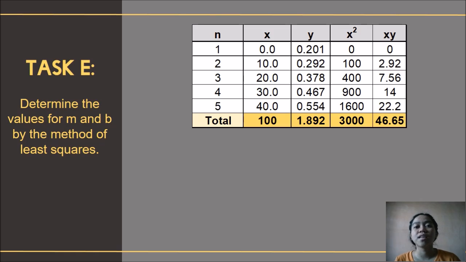So we need the x squared of that, and we need the product of x and y. Then after getting those values, we need to get their summation or total.